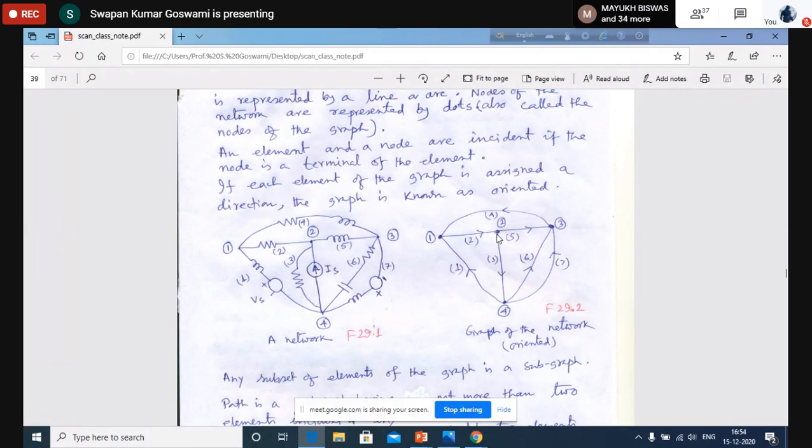Similarly, across element 2, what is the voltage? V1 minus V2. Across element 3, what is the voltage? It is V2 minus V4. So since there is no V4 in our nodal voltage vector, we shall have simply V2 as the element 3 voltage. So let us match these three: V4 minus V1, V1 minus V2, then V2 minus V4.